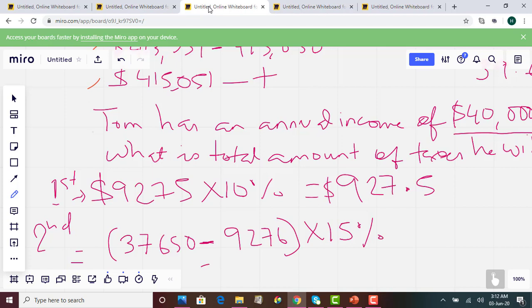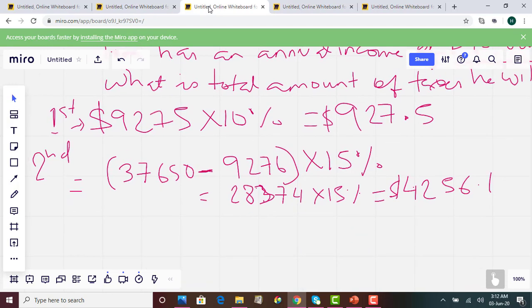So this equals 28,374 times 15%, which equals 4,256.1. So the tax he's paying for the income between 9,276 and 37,650 is $4,256.10 in a year.